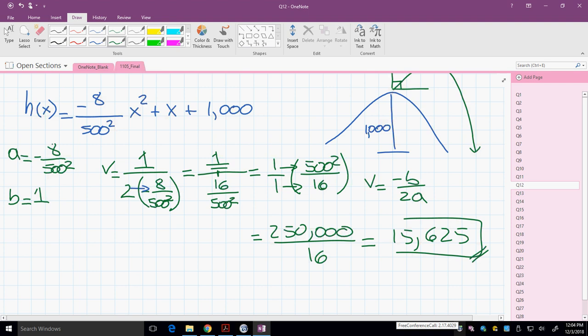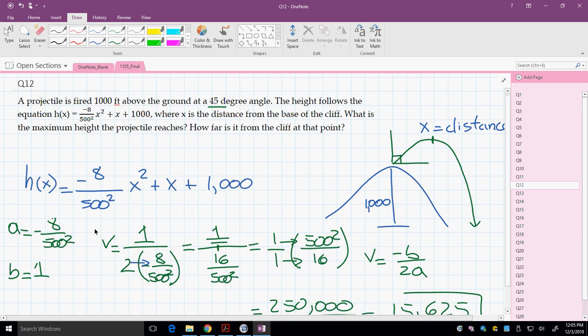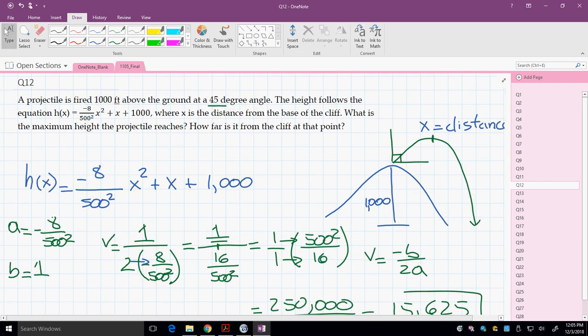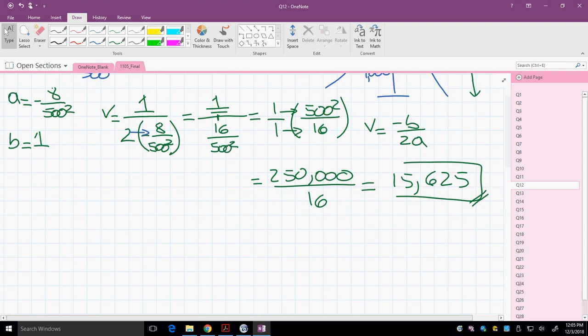Then to find the second question, which is how far, the distance is x, so we have to find x to find how far it went from the cliff.